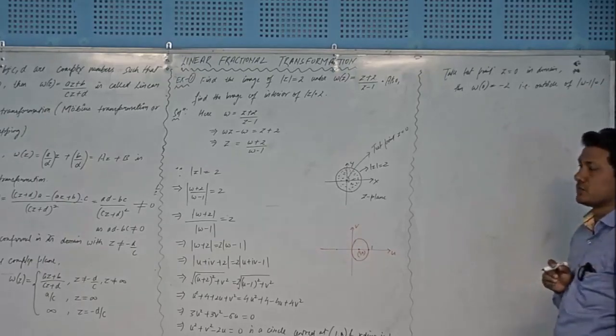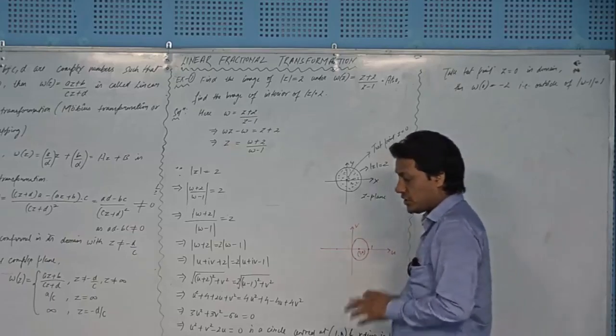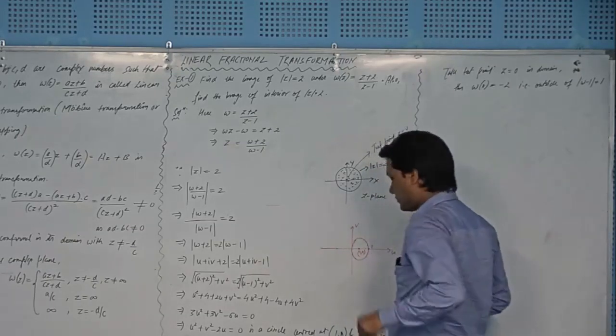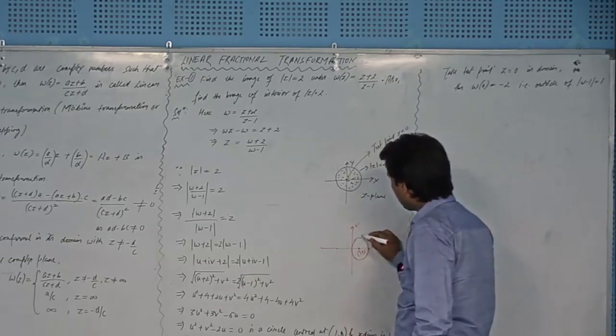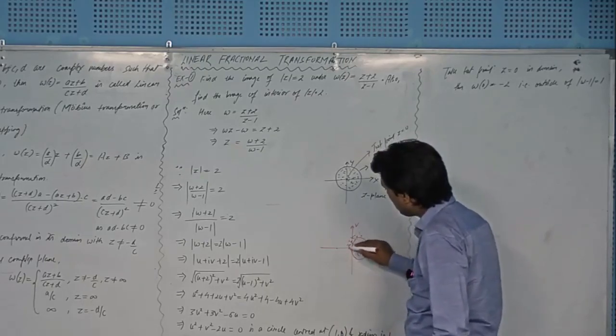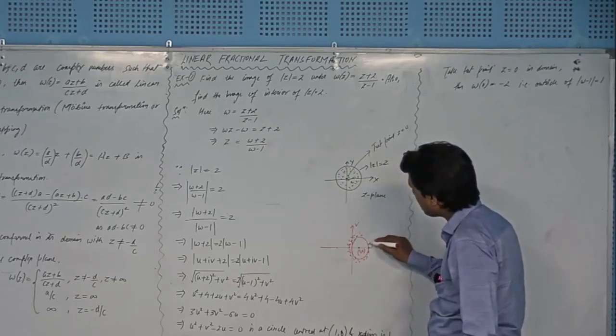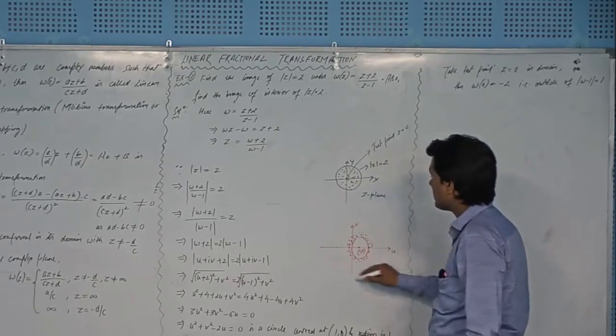Outside of mod w minus 1 equal to 1, and that's why I will shade the outer region. You have to shade the whole region that is lying outside this circle, all of the region, right?